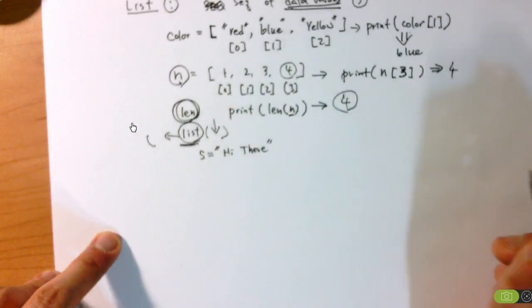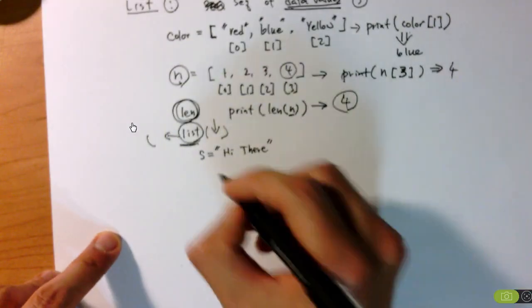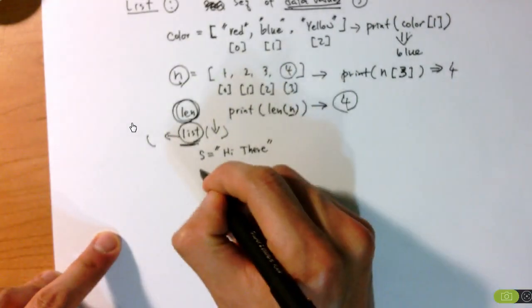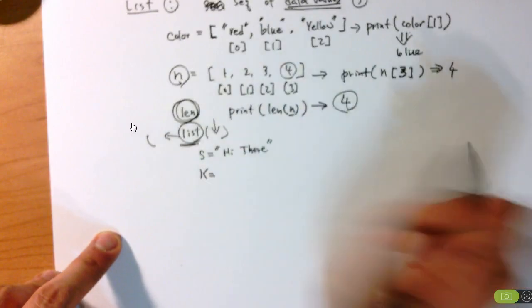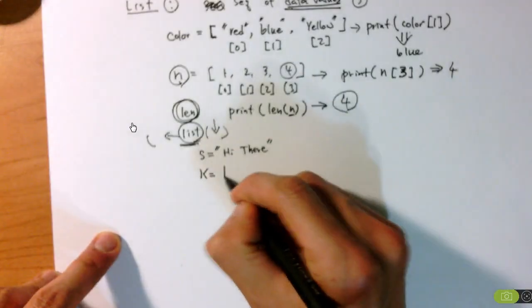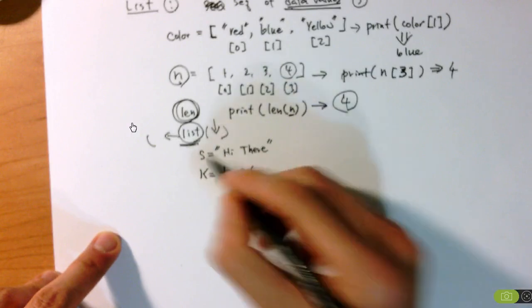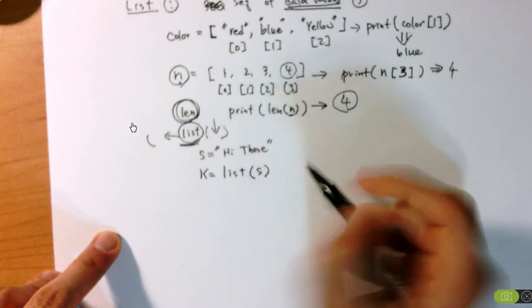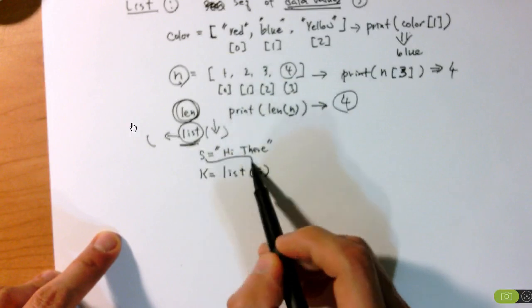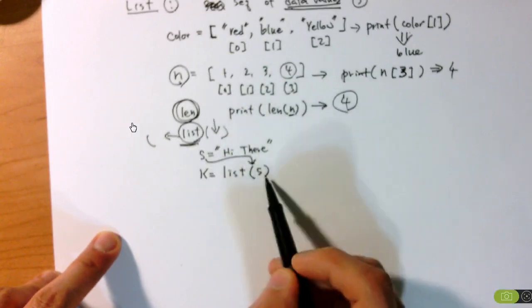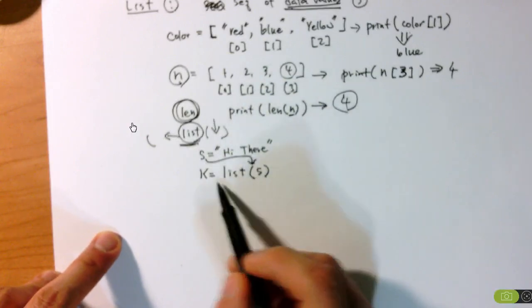When you use the function list, let's say k is a variable name, and I use the function list, which takes the string s as its input and returns the list.